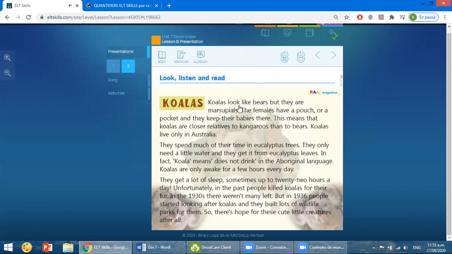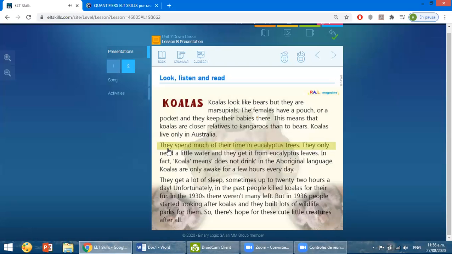Koalas. Koalas look like bears, but they are marsupials. The females have a pouch or a pocket, and they keep their babies there. This means that koalas are closer relatives to kangaroos than to bears. Koalas live only in Australia. They spend much of their time in eucalyptus trees.